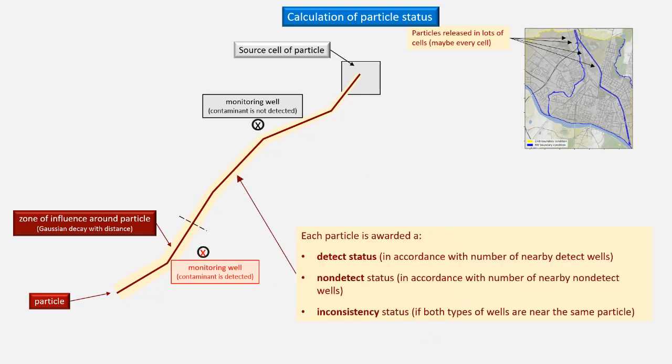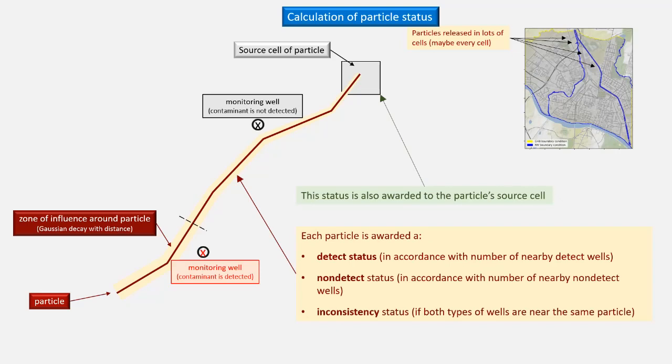So we include this in the calibration data set, and the calibration process ensures that each particle has a zero inconsistency status. Once we have consistent particle tracks, we can pass that status back to the source of each particle. And we can have a particle released in every model cell if we like.